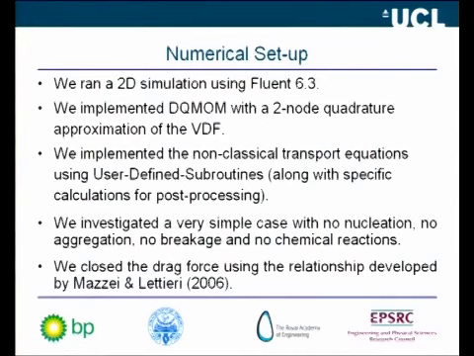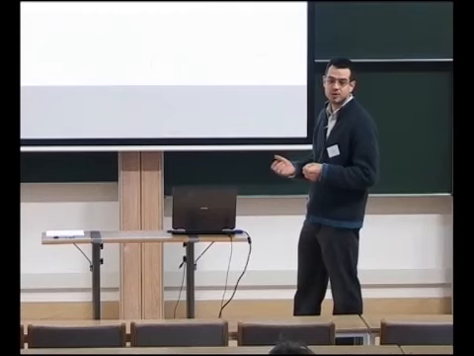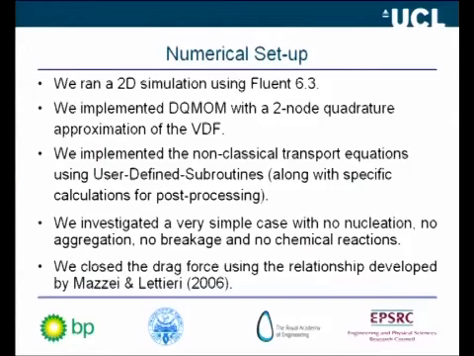From a numerical point of view, we implemented our model in Fluent using 2 dimensions. In the quadrature approximation, as you saw before, we can consider as many particle classes as we want. Here in this first study, we consider the minimum, 2 particle classes. The transport equations for the nodes and the weights of the quadrature were implemented within Fluent using user-defined subroutines.